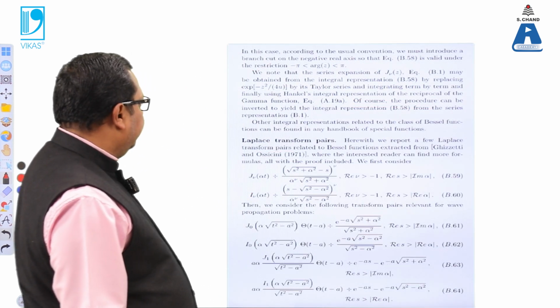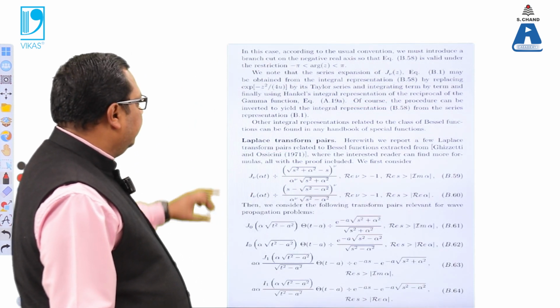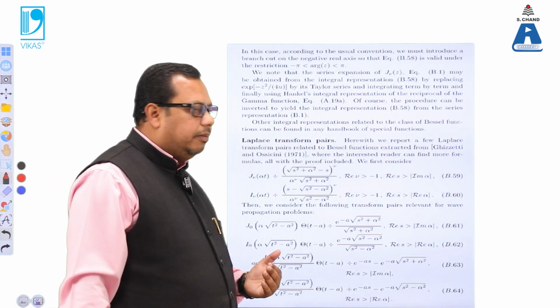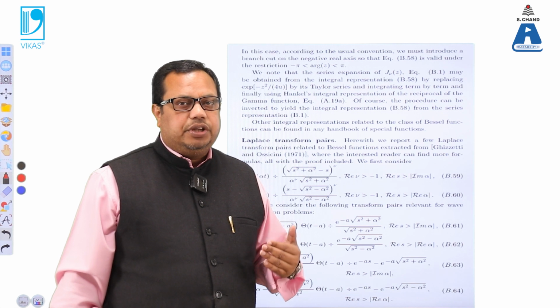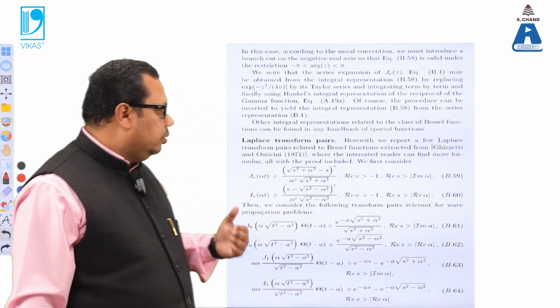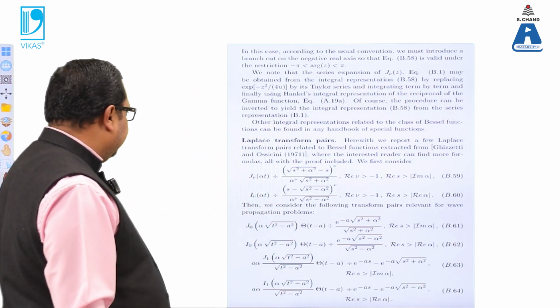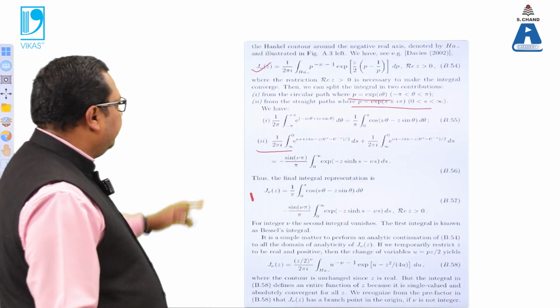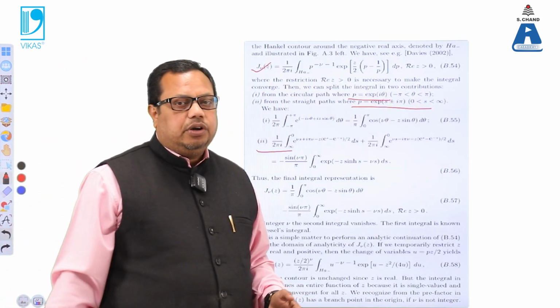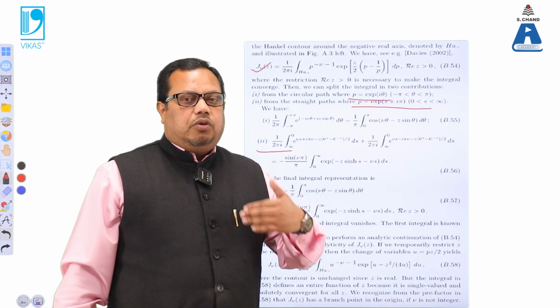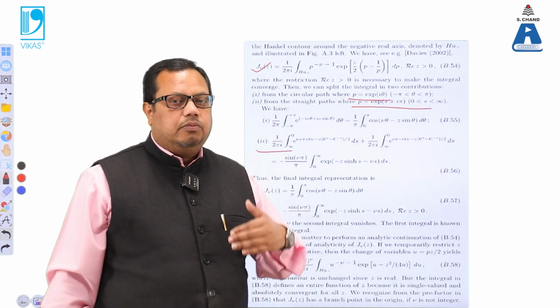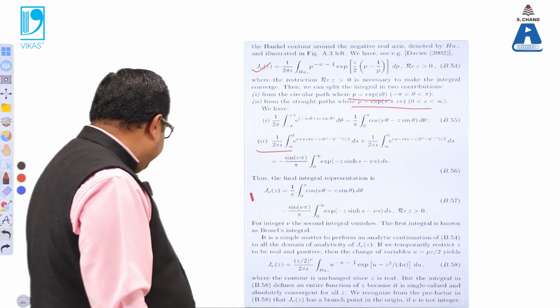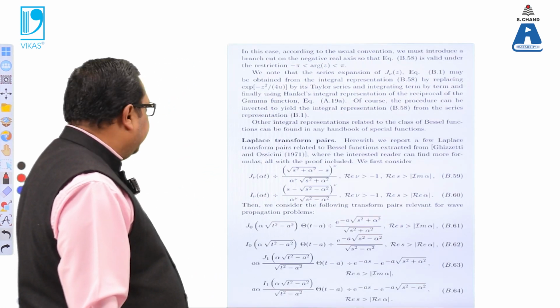Then we have the Laplace transform pairs. In the Bessel equation we will make the pair, and we will do it by using the Laplace transform also. Initially we use the two values. If you see the previous thing that we have done with the modified form, we are using the two particular values and calculating it. Now what we can do is put more, different values, and using the Laplace transform we can make the calculation.